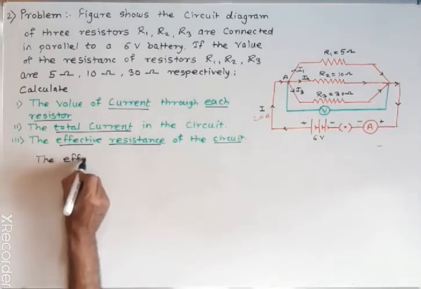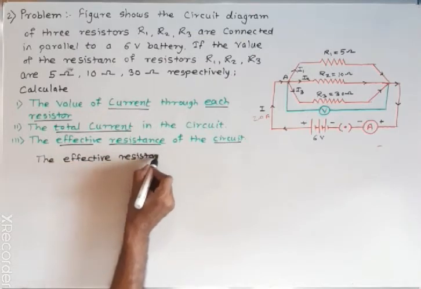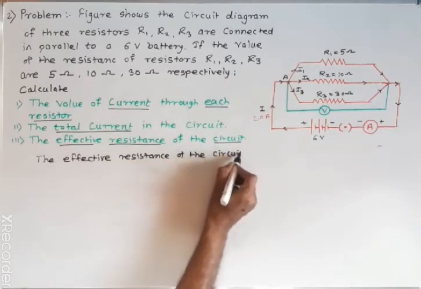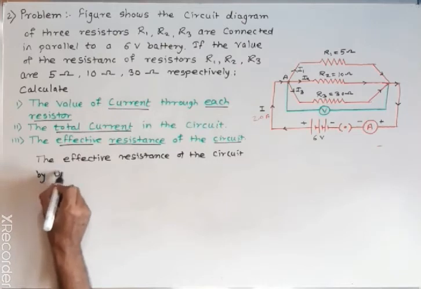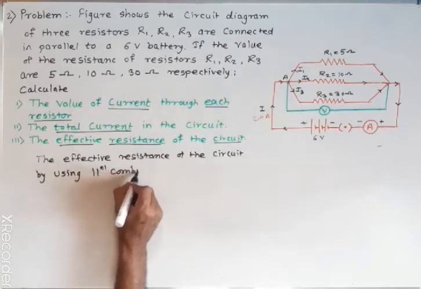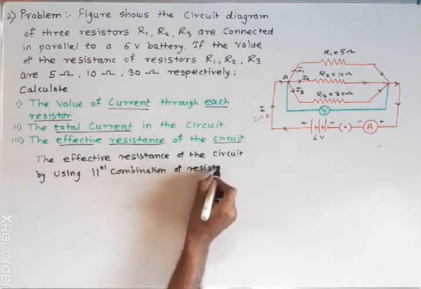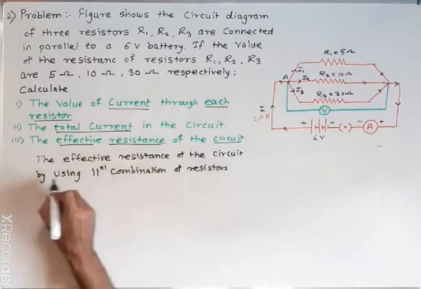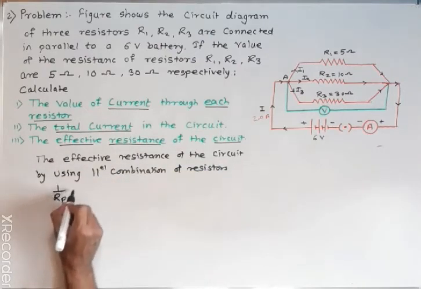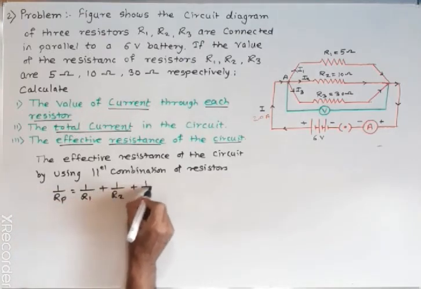The effective resistance of the circuit by using the parallel combination of resistors, that is 1 upon Rp is equal to 1 upon R1 plus 1 upon R2 plus 1 upon R3.